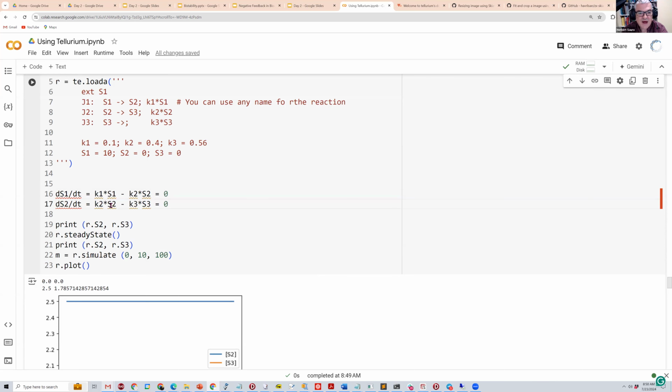So it basically sets both of them to 0 and then solves. In this case, it's a linear equation, so it's very easy to do, but it solves this using a root finder. So there's no time really. It'll be milliseconds, I guess, but there's no actual simulation time.